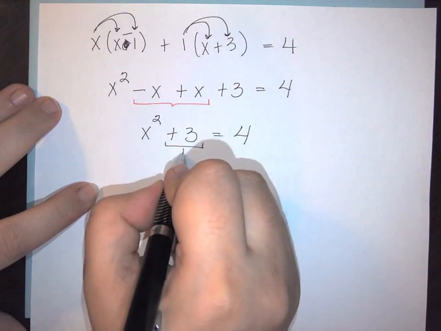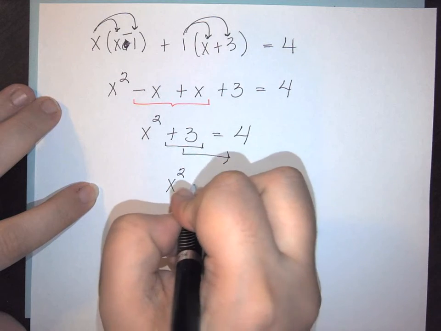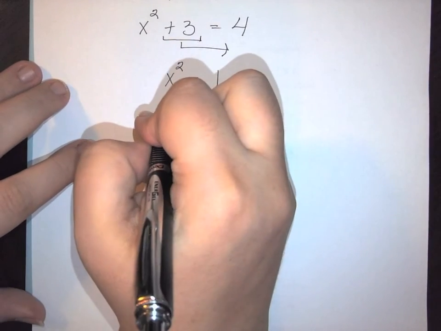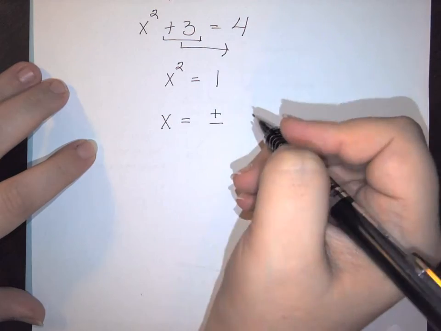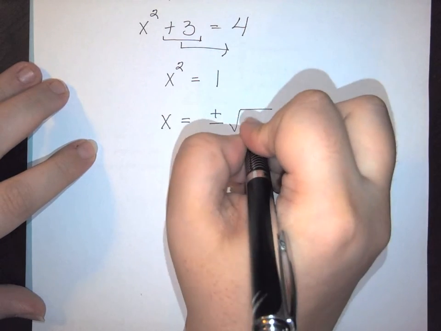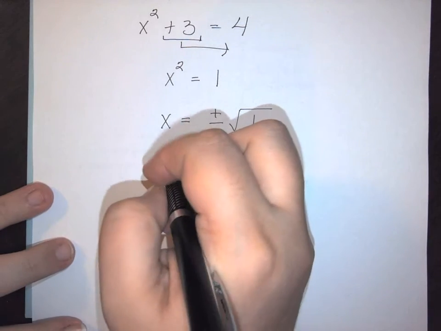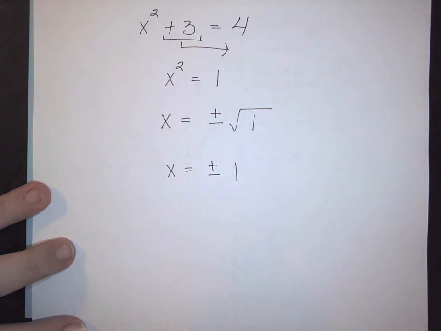Take this 3 and move it to the other side. I get that x squared is equal to 1. So here I end up with x is equal to plus or minus the square root of 1. And the square root of 1 is 1. So this really says that x is equal to plus or minus 1.